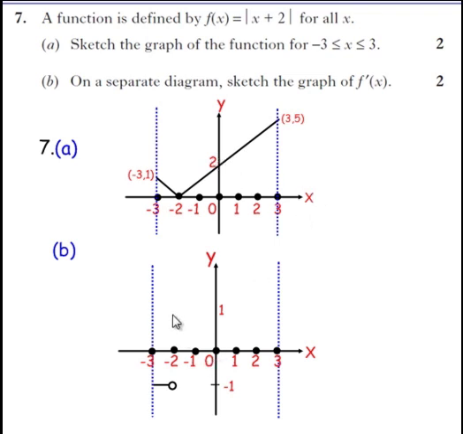Remembering at -2 it's not defined, so I'll put an open circle there and then a straight line thereafter. This is the point (-3, -1), and this is the point (3, 1). And this is the graph of f dash x for values of x between -3 and +3.